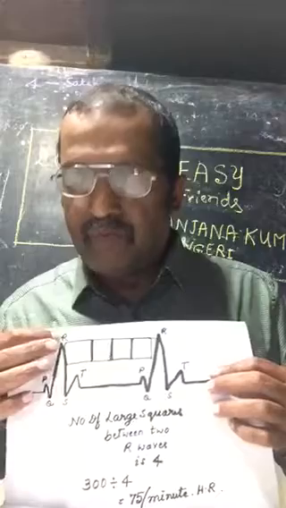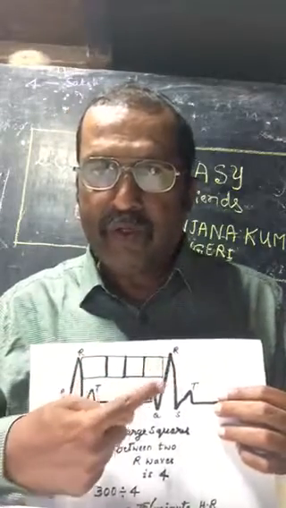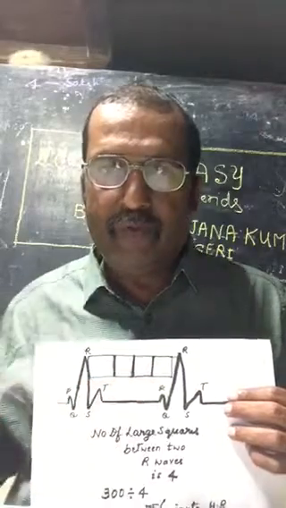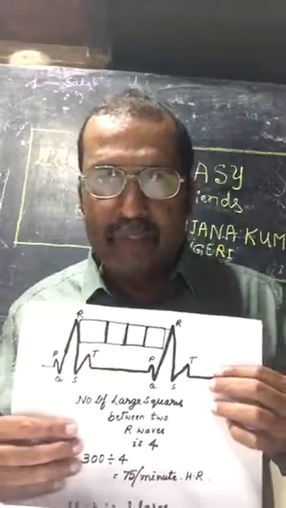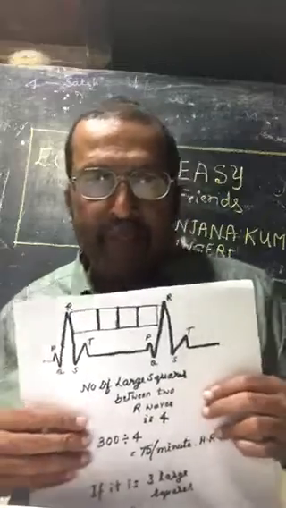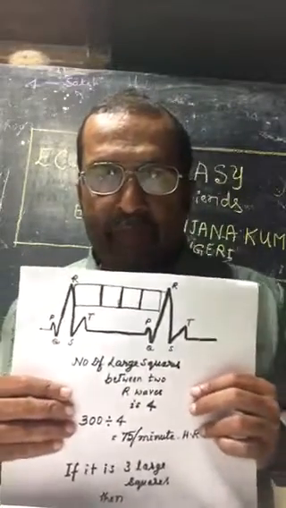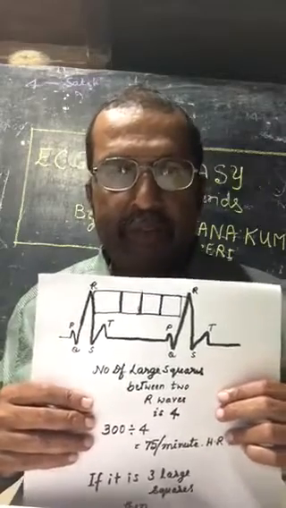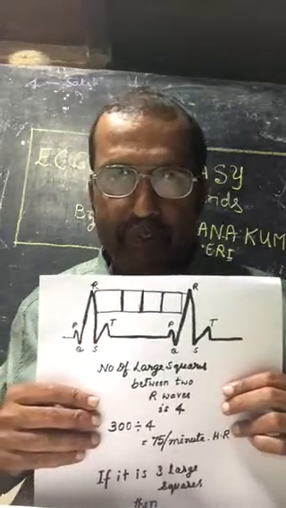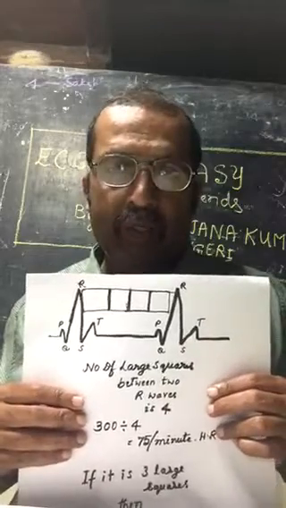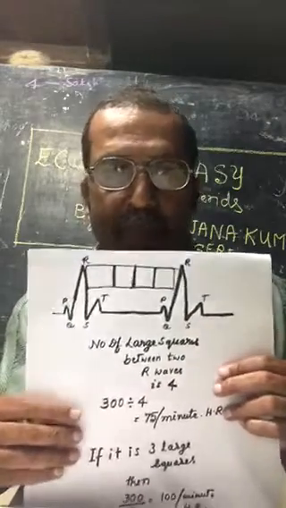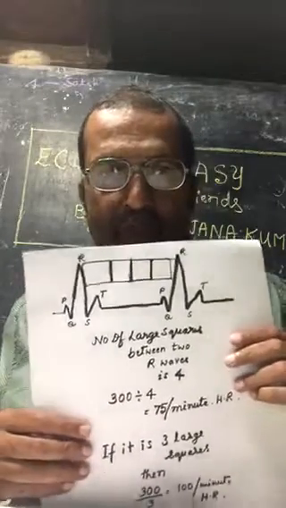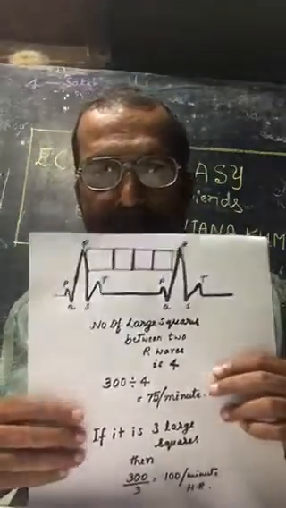Now, between two R waves, here 1, 2, 3 and 4 large squares are there. So calculate the number of large squares between the two R waves and divide 300 by that number. It gives the heart rate. Suppose there are 4 large squares. 300 divided by 4 is equal to 75 per minute, which is the heart rate.